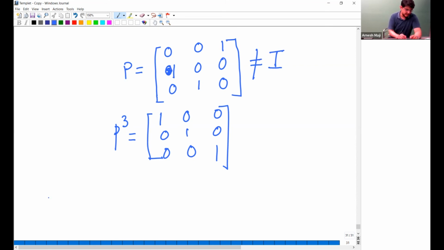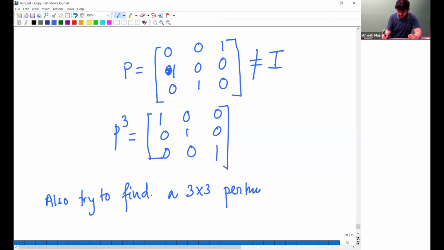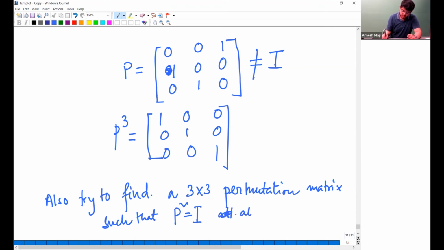You can also maybe do this on your own. Try to find a 3 cross 3 permutation matrix P such that P square is equal to I, although P is not equal to I. So you can try this on your own.